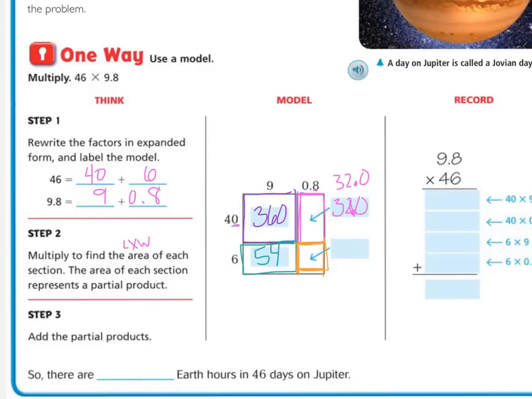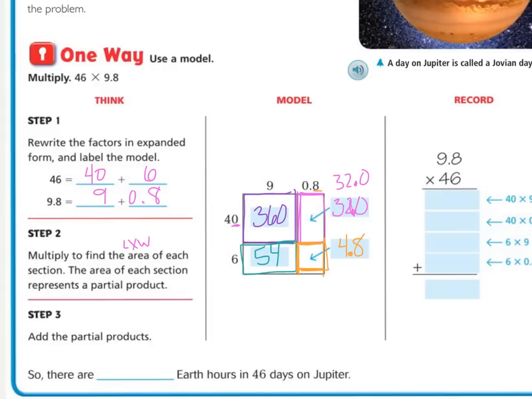So I'm going to move my decimal out. 8 times 6 is 48. And then I have 1 decimal place, so I'll put my decimal in. So it's 4 and 8/10. So those are all my partial products.